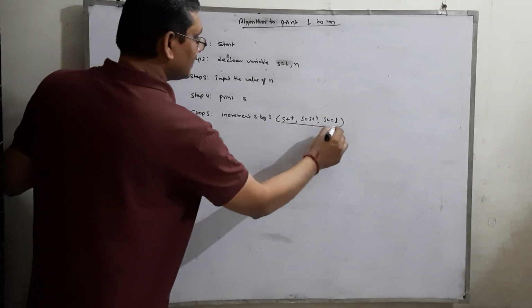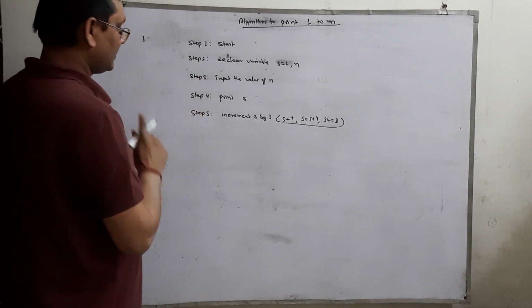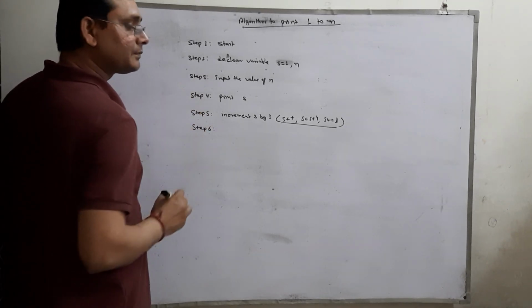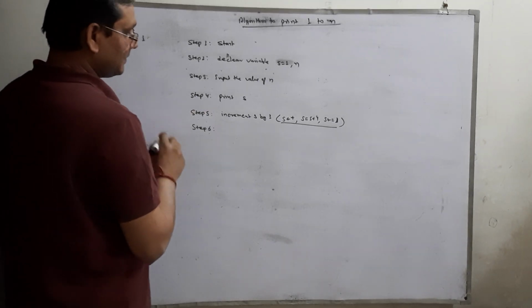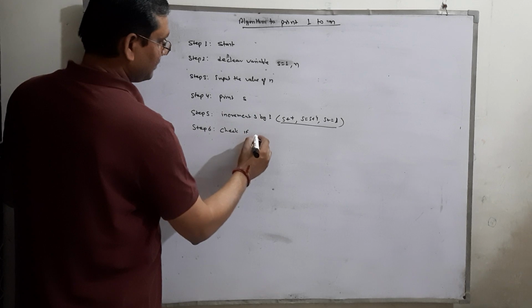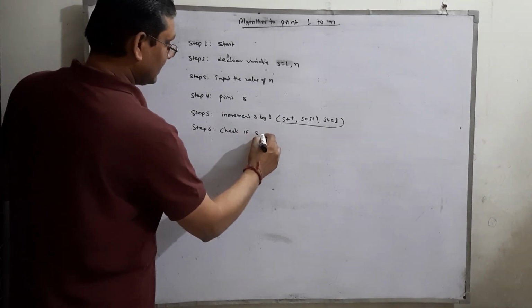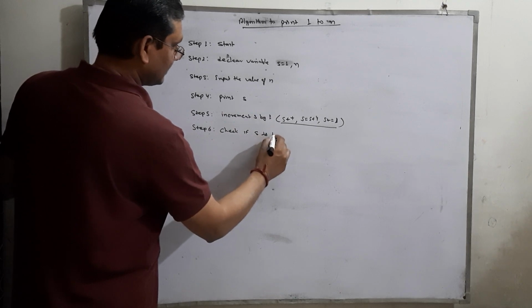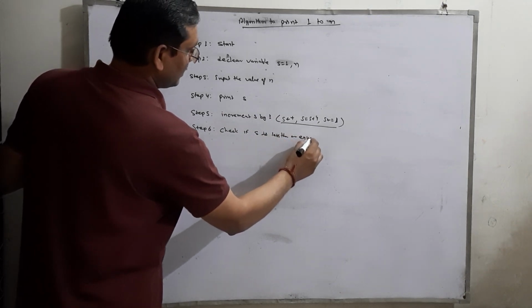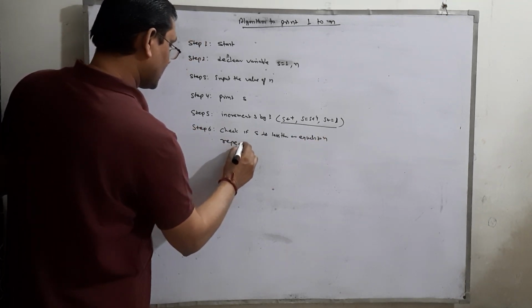All three things say increment 1 with s. Step 6, check if s is less than or equal to n. Repeat.